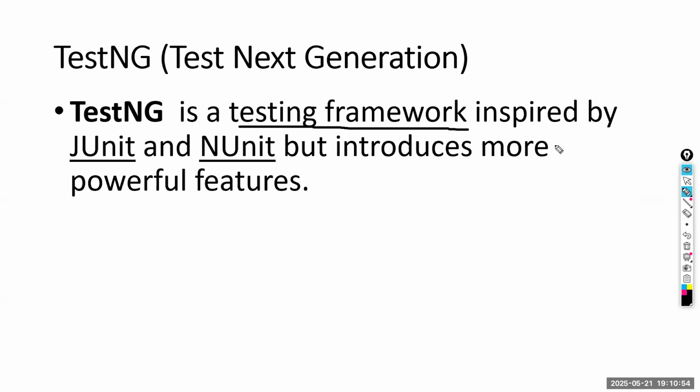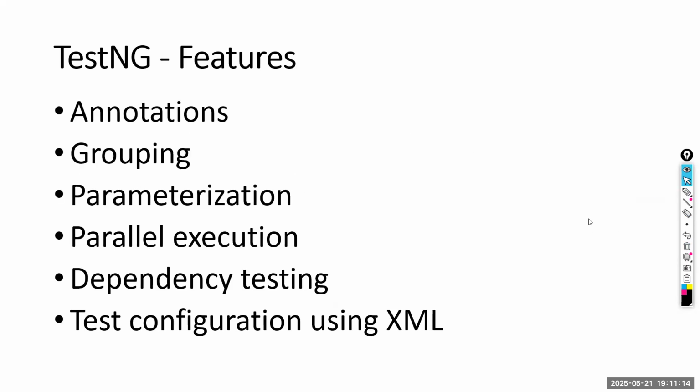Okay. So TestNG is such a unit testing framework, inspired by JUnit, which was another earlier Java unit testing framework, and NUnit, which is a unit testing framework for C Sharp. Of course, TestNG is for Java, not for C Sharp. So TestNG has a lot of features.